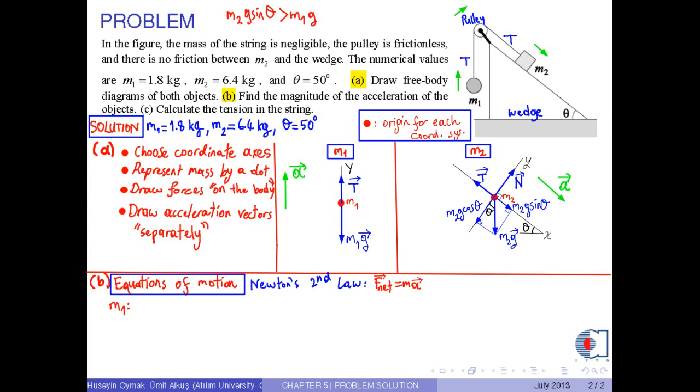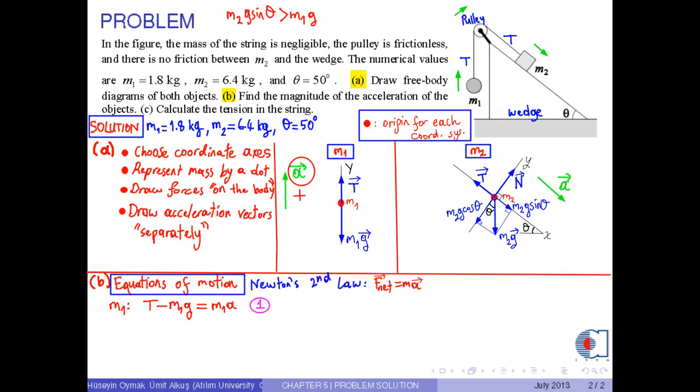For mass m1, for the correct result, we take the direction of the acceleration vector as positive. Then the magnitude of the net force becomes T minus m1g, which is equal to m1 times a by Newton's second law.